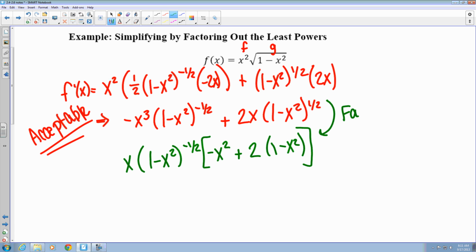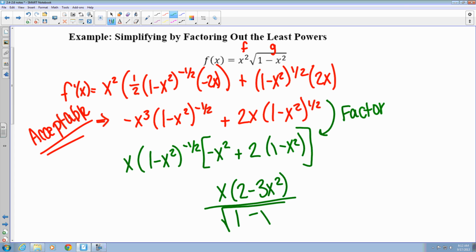This is the factoring stage. Okay, then we could combine this a little tiny bit. And that would be our final answer.